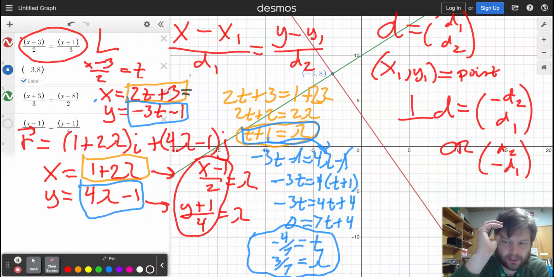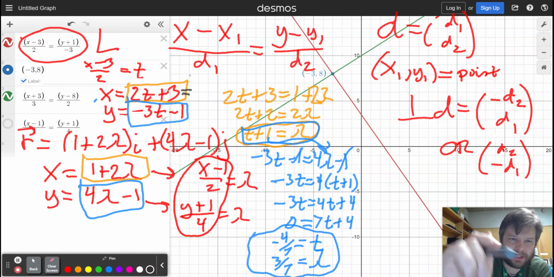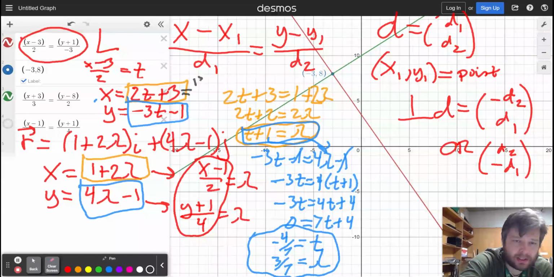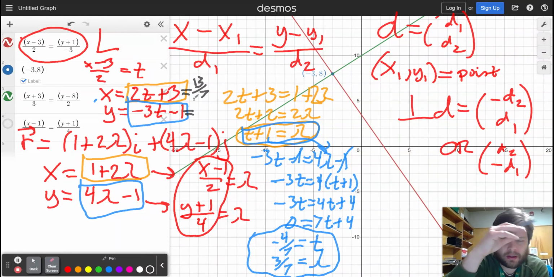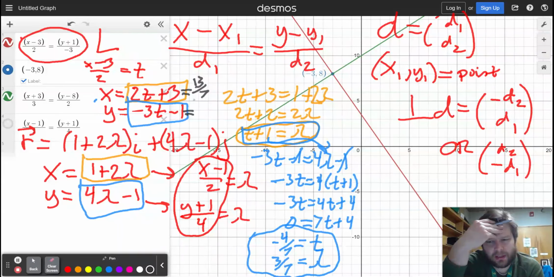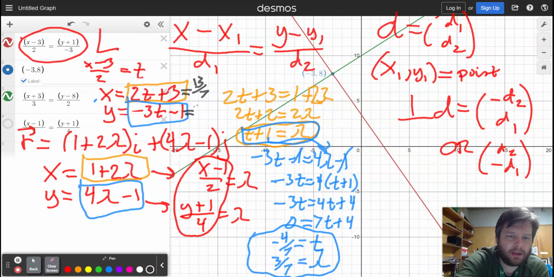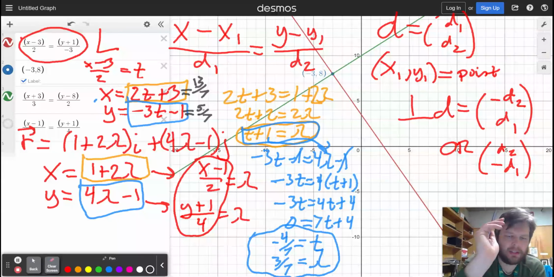Negative 8 plus 21 is 13, so it's 13 over 7. Let's try the y value. Negative 3t: negative 3 times negative 4 sevenths is 12 sevenths. Minus 1: 12 minus 7 is 5 sevenths.